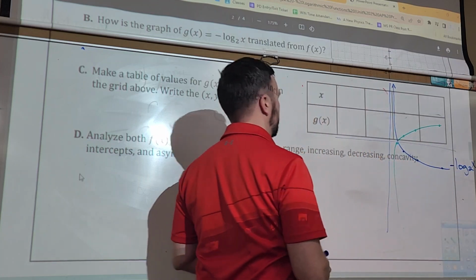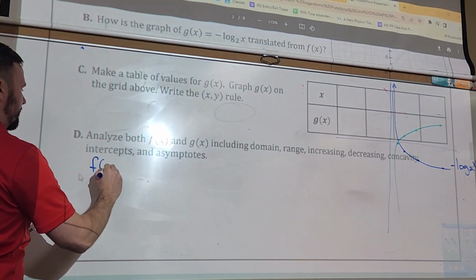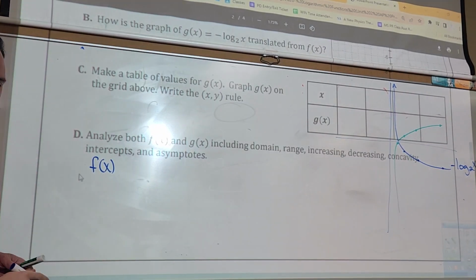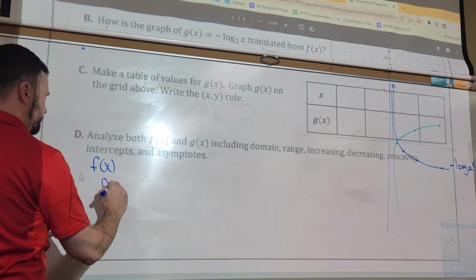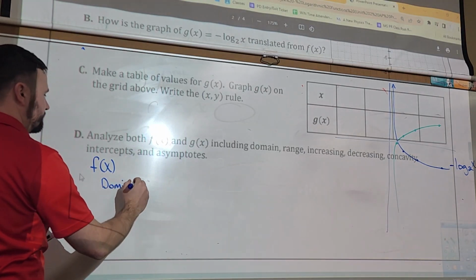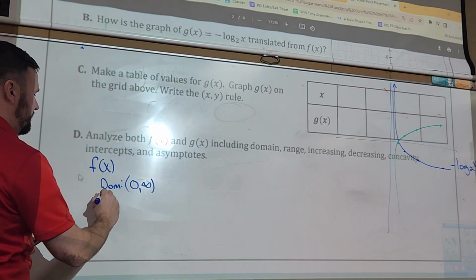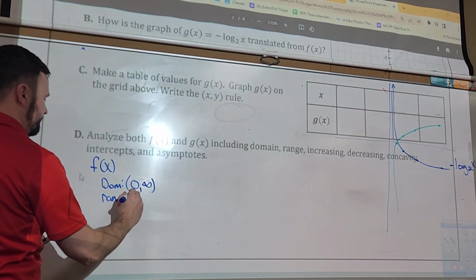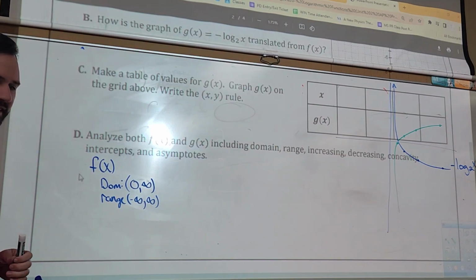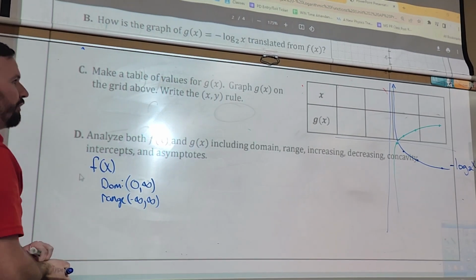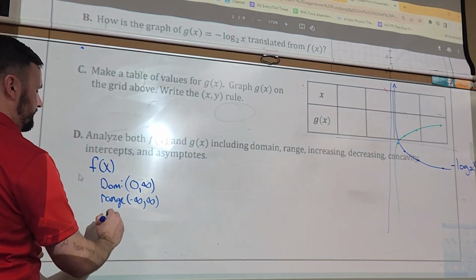All right. So let's analyze these. This is the money step. So when I look at f of x, what's my domain? 0 to infinity. What's my range? All real numbers, negative infinity to infinity. What is my concavity?